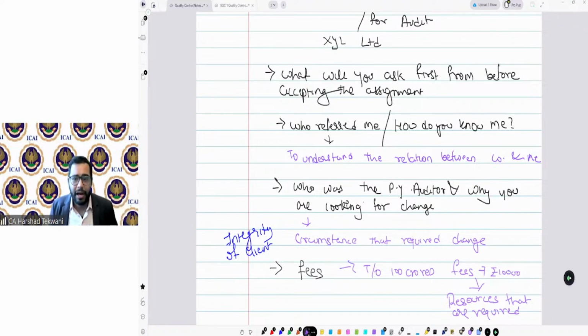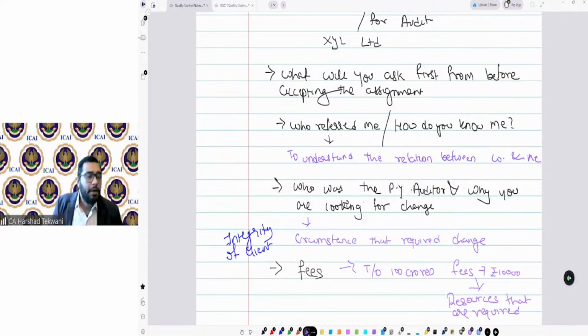If it is a 100 crore company, I need at least 4 people to perform the audit with me throughout the year. The cost of 4 people, training of 4 people, and everything else, will 10,000 be sufficient for that? Answer is no, because a lot of work is required to be performed. Correct, Munish? Very good.